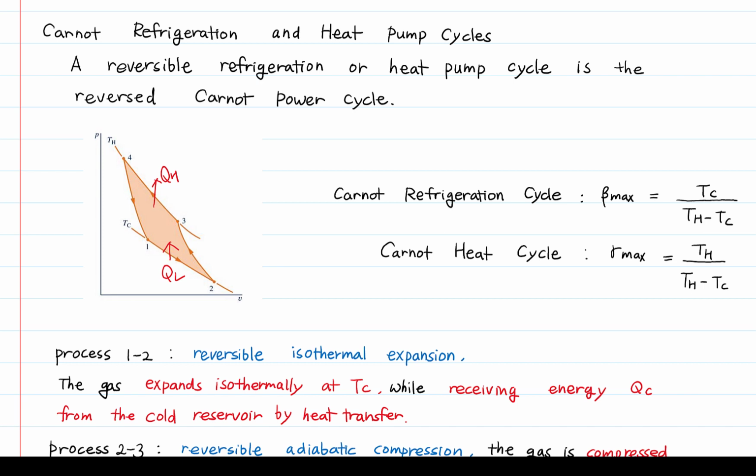So the coefficient of performance of a refrigerator is TC over TH minus TC. The coefficient of performance of a heat pump is TH over TH minus TC. TH and TL are absolute temperatures.